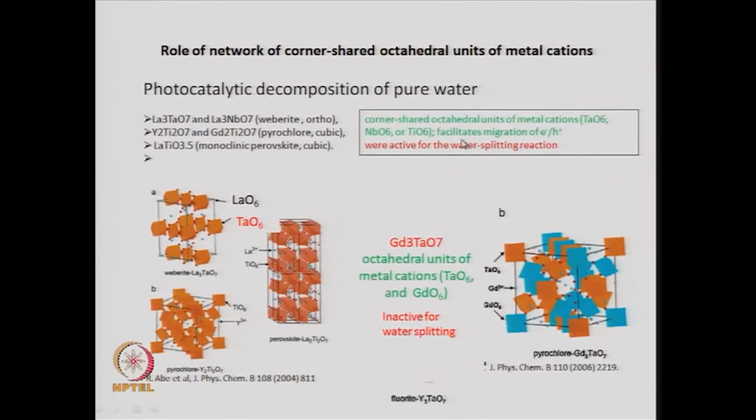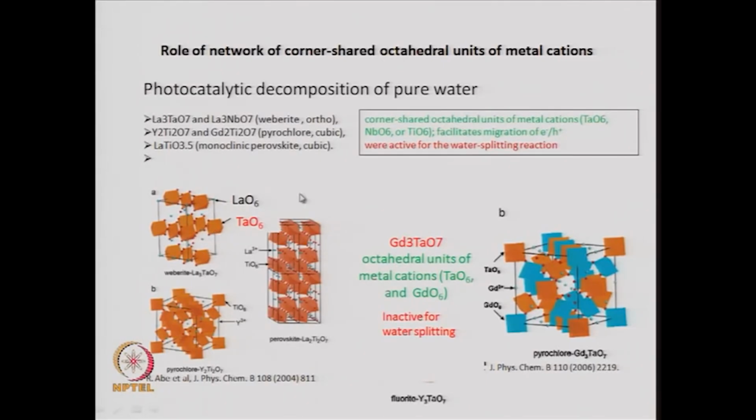Now, if they are corner shared, then it appears that the activity is very high, because this corner shared octahedra as shown here will help in migration of electrons and holes. This has been shown to be a very good photocatalyst for the water splitting reaction, and the reason is that tantalum oxide has highly connected corner shared octahedral units, whereas the rare earth, lanthanum, also has an octahedra, but it is not connected to the tantalum octahedra.